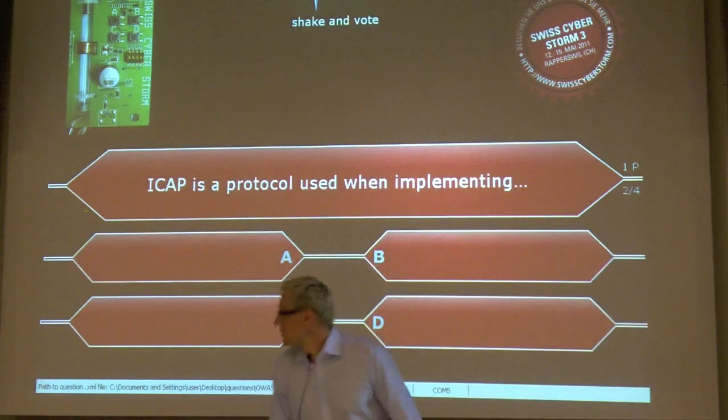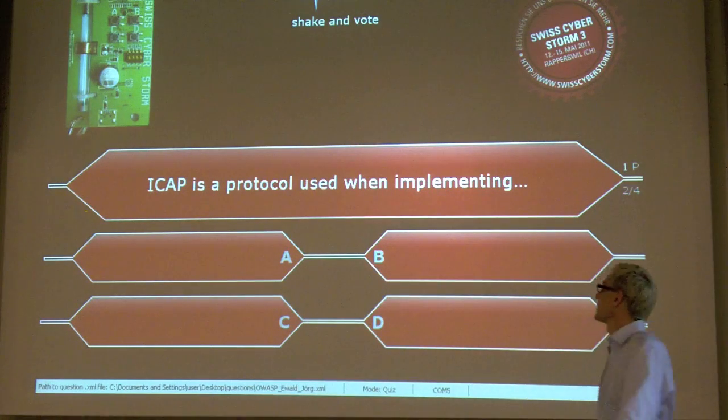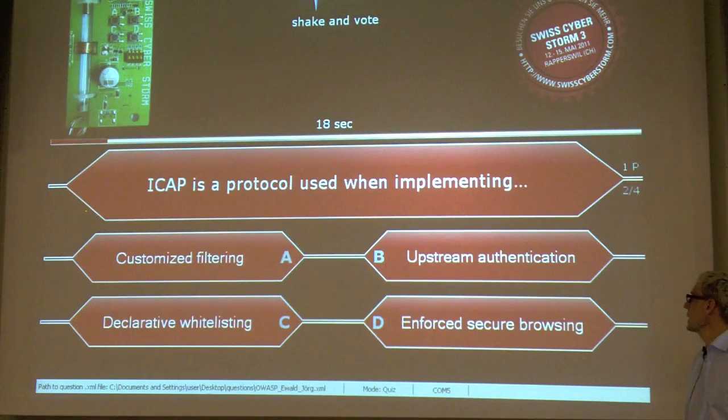Okay. Question number two. ICAP is a protocol used when implementing customized filtering, upstream authentication, declarative whitelisting, or enforced secure browsing.